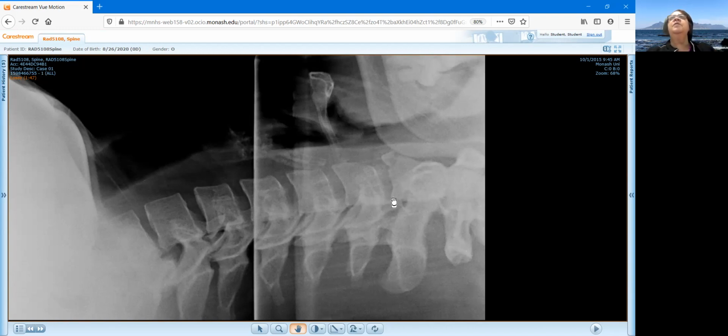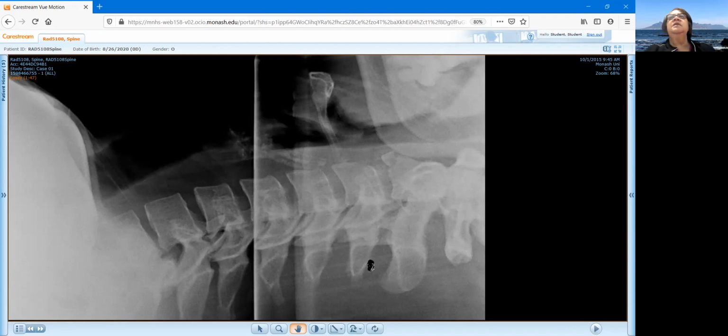If you remember from the presentation, flexion teardrop fracture is one of the more severe fractures, which can have neurological consequences for the patient. So for this patient, the alignment has been slightly affected, the bone has a fracture, and there is also prevertebral soft tissue swelling.